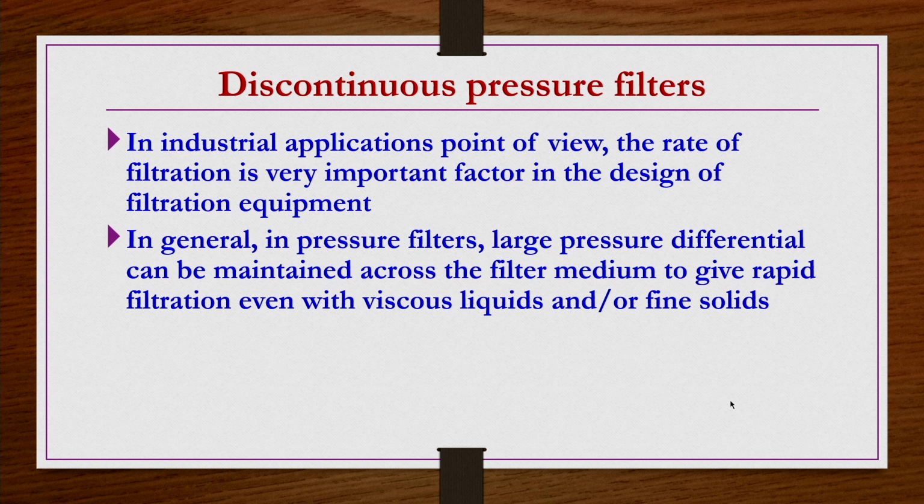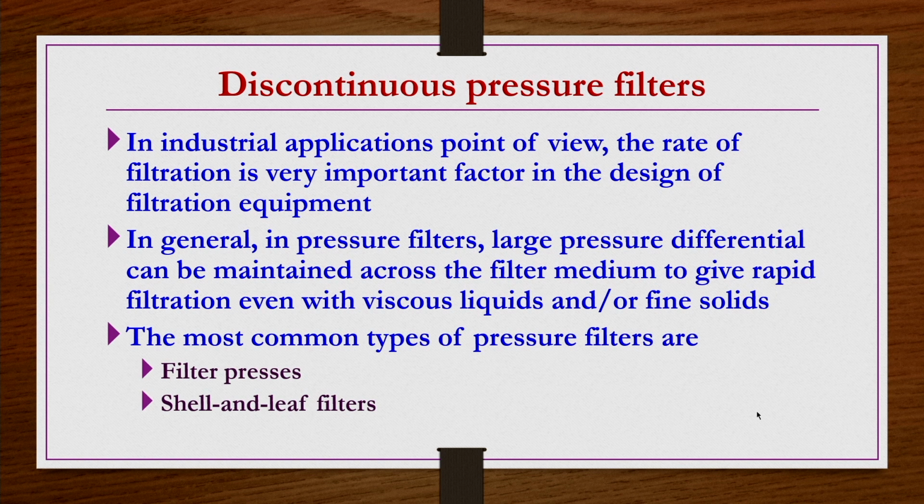Because if you have fine solids in the slurry, they may form an impervious gel-like layer on the filter medium, and then gradually it may not allow the fluid to pass through, or the decline in the filtration rate is going to be very high, which is not going to be acceptable. However, if you apply a large pressure differential across the filter medium, then you can maintain rapid filtration even with viscous liquids and or fine solids.